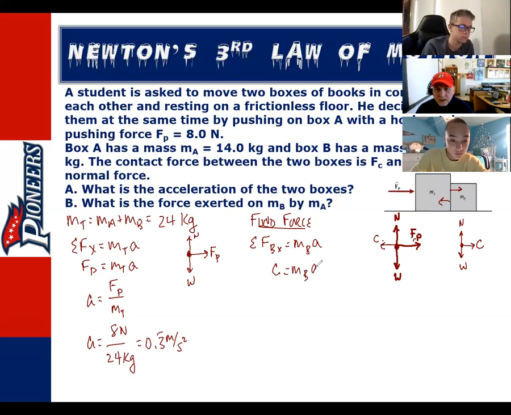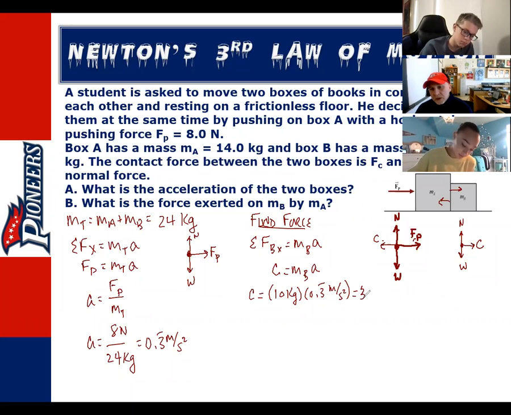C equals the mass of B times the acceleration we just calculated. I take the mass of B, which was 10 kilograms, times its acceleration, 0.333, which makes 3.3 newtons. And again, it has to be less than the FP force, the applied force of 8 newtons.